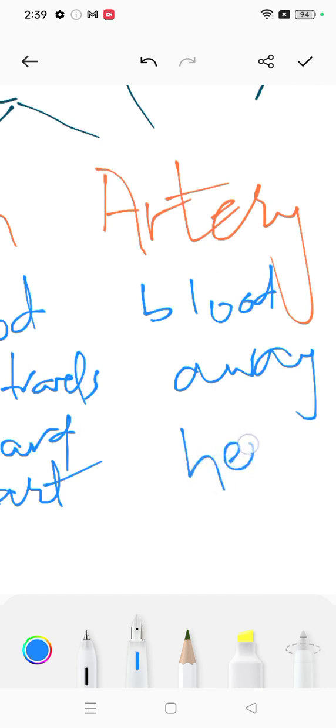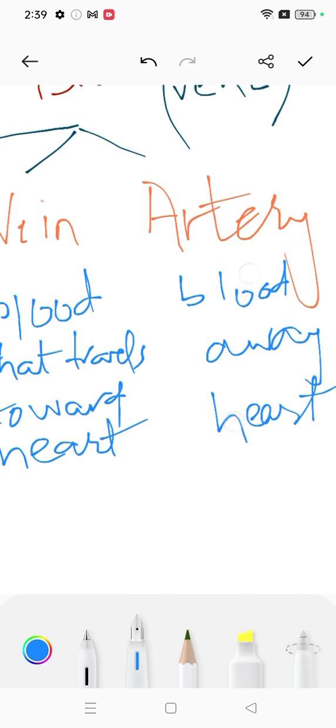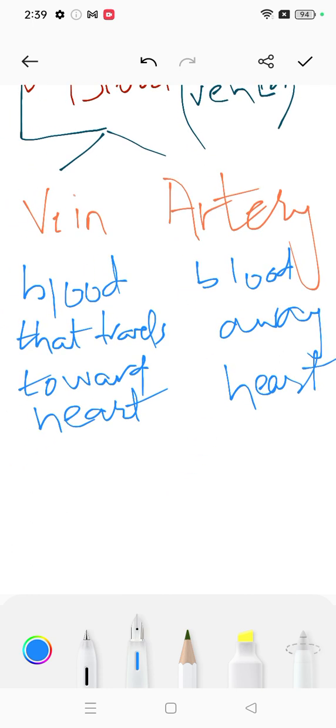When blood is carried towards the heart it is called vein, and artery is away.